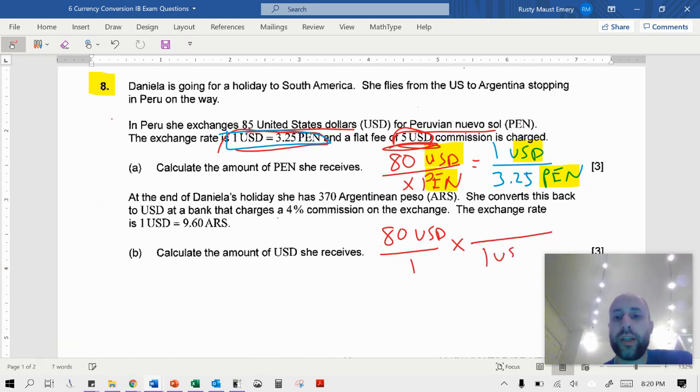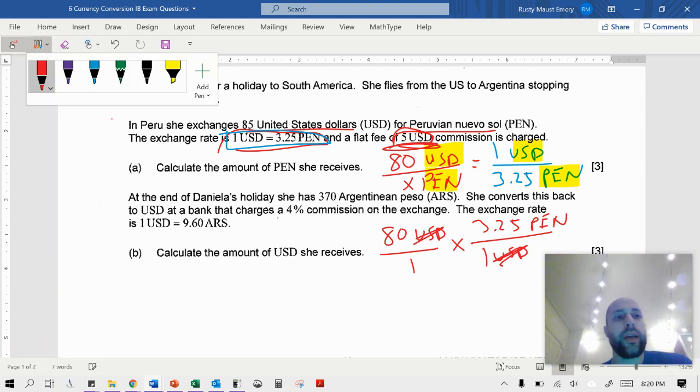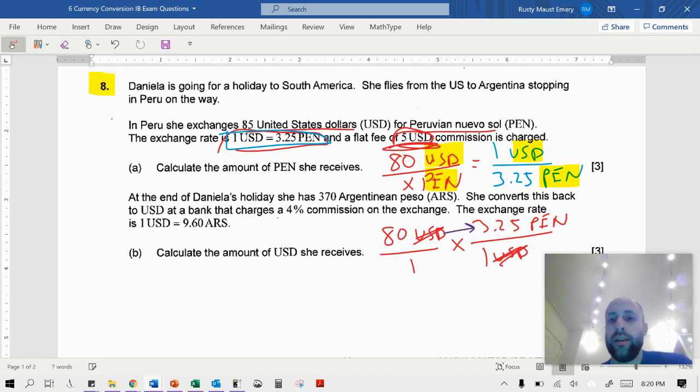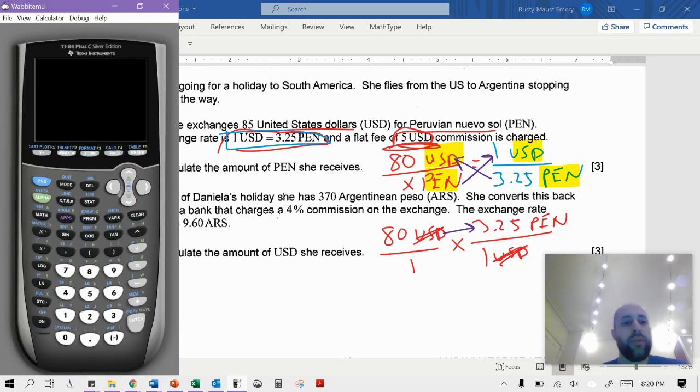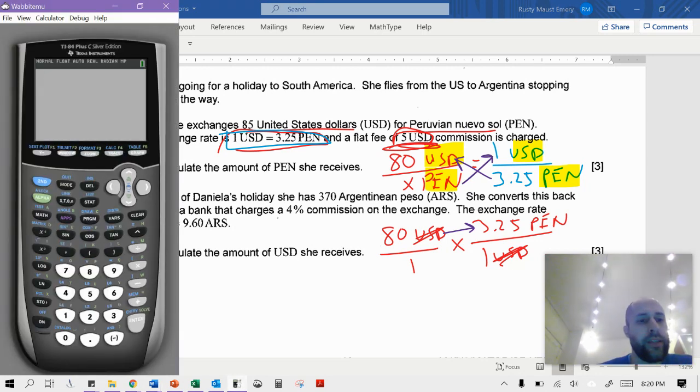So $1 and 3.25 PEN would be on top, and this way my units cancel. In this case, I'm just multiplying straight across, whereas with the proportion, I would have to cross multiply, which in the end would still just be multiplying 80 times the 3.25.